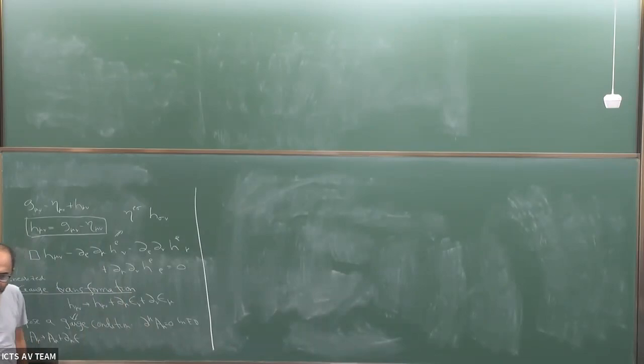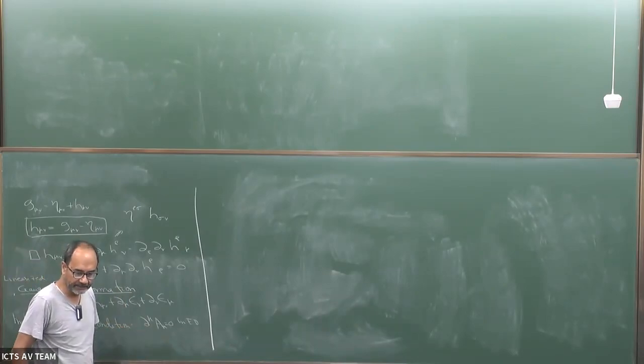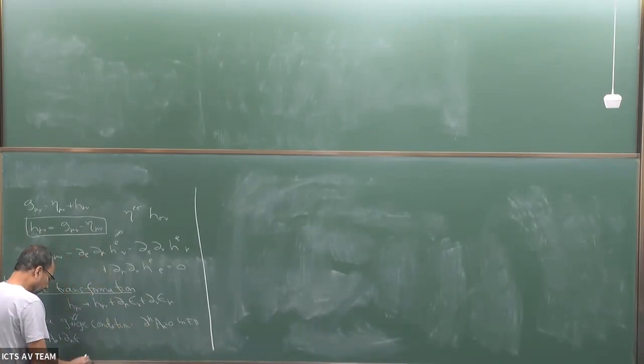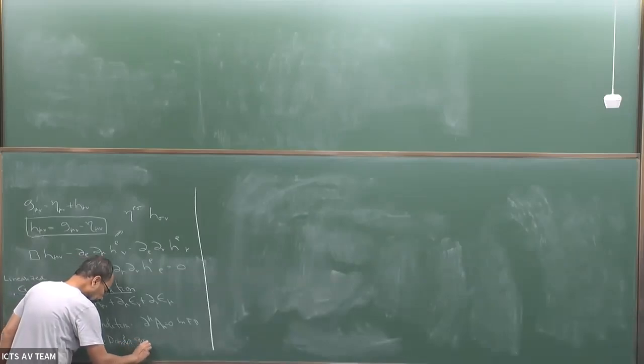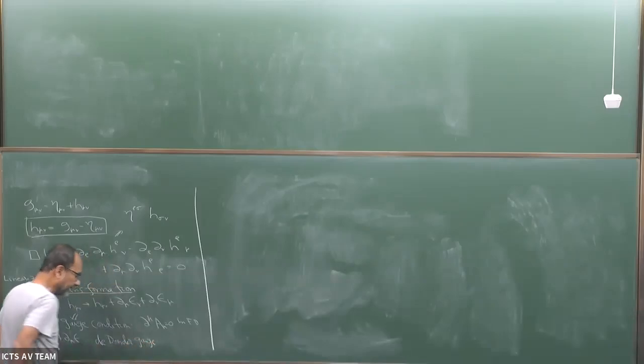Here you have to use four functions of condition, and one convenient gauge that is the analog of the Lorentz gauge in electromagnetism is what is called the de Donder gauge. This gauge, in fact, is imposed without making the linearized approximation.